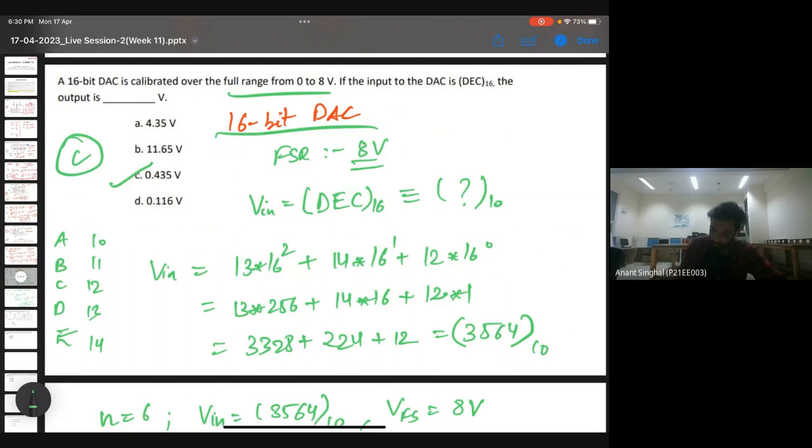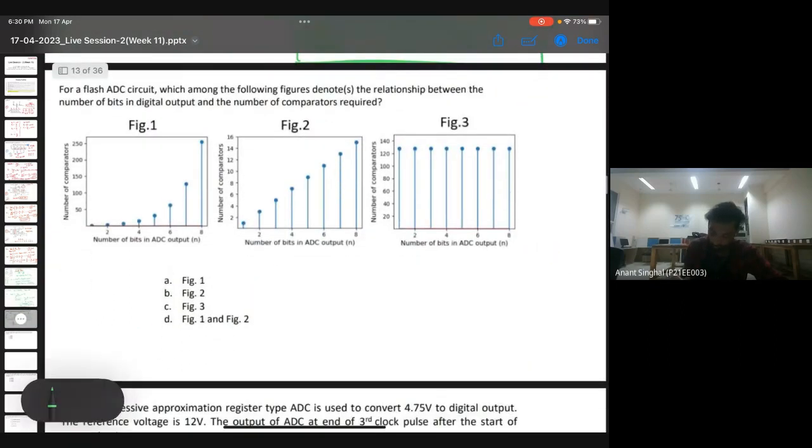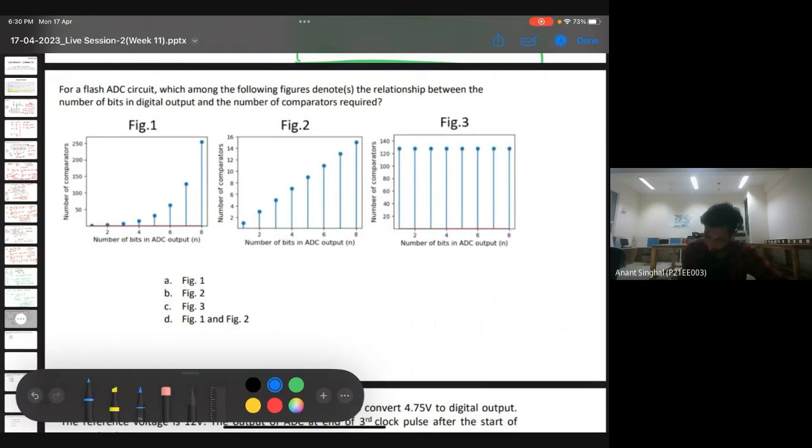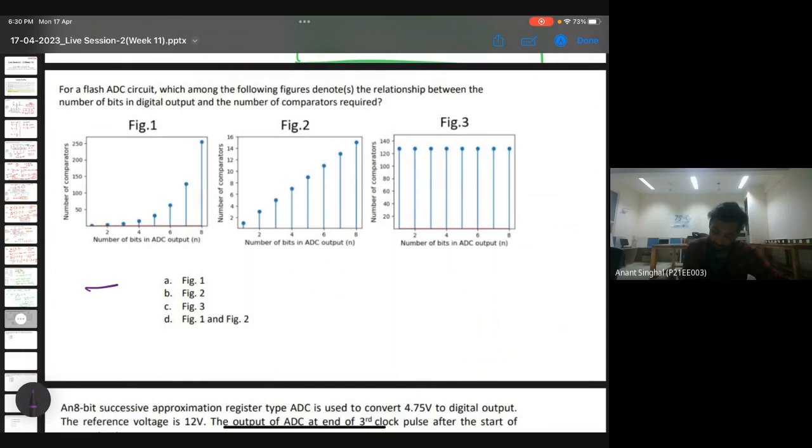So we'll start the next problem now. This is a general problem. It says for a flash type ADC, which among the following figures denotes the relationship between the number of bits in the digital output, which is n, versus the number of comparators.